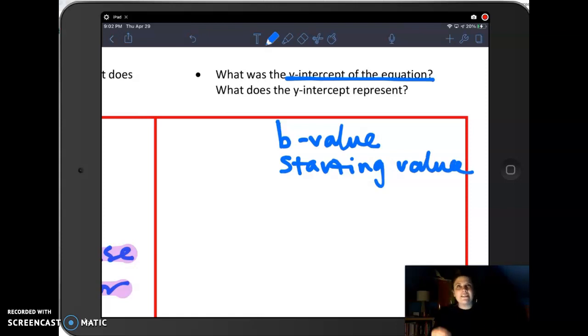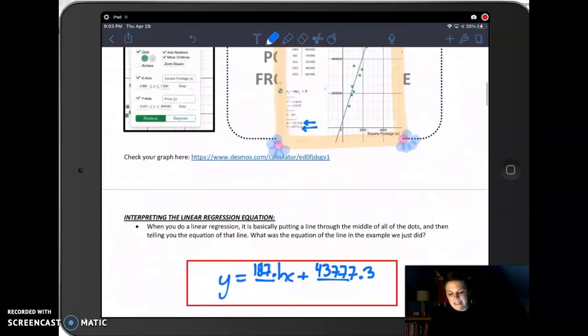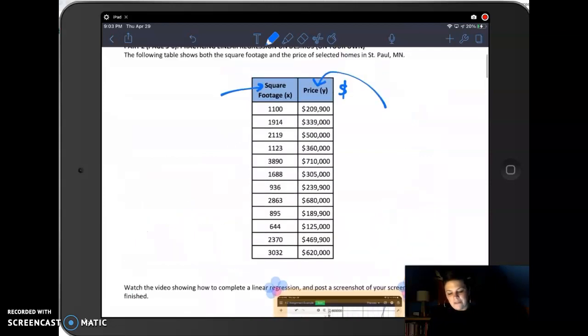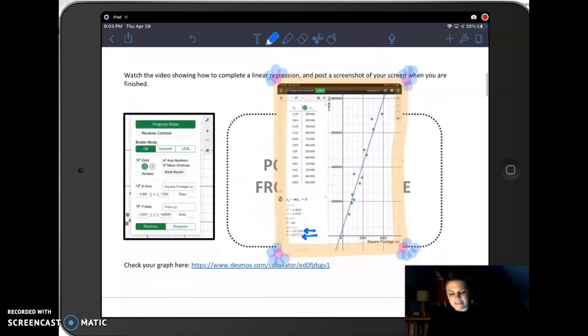For us, it's kind of hard to think about it as a starting value here because you don't really start a home price. However, we're going to talk about what it represents in terms of the x value being 0. Looking back at our original problem, the y unit is price, in dollars.